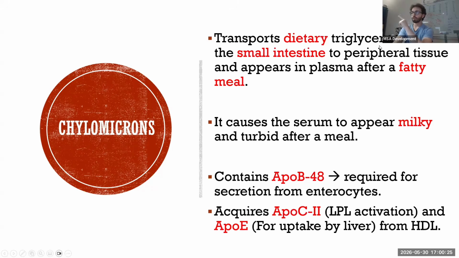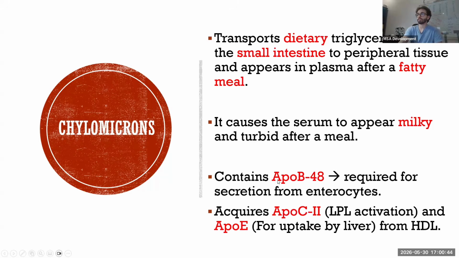For chylomicrons, dietary triglycerides from small intestine to peripheral tissue, and it appears in the plasma after a fatty meal. You have to eat something from outside that's fatty, or that's how chylomicrons will appear. طيب, chylomicrons, when they are in the plasma, they will cause the serum to look milky, turbid, white, okay?